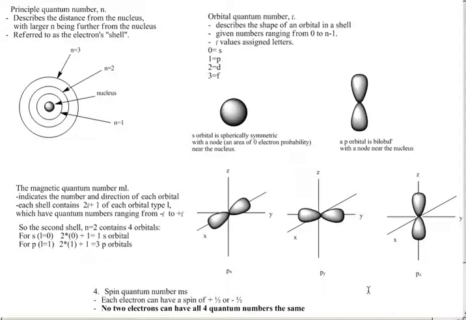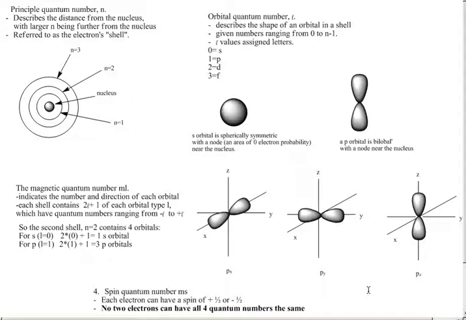One of the principles of quantum mechanics says that we cannot precisely specify the position of an electron. What we're really talking about is the probability of finding an electron in a certain region of space.